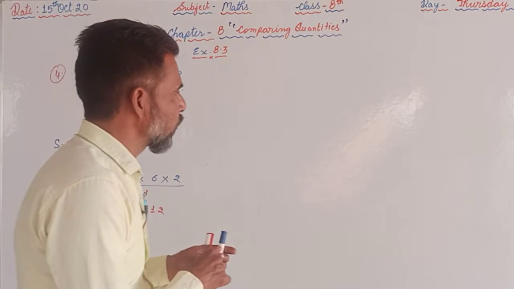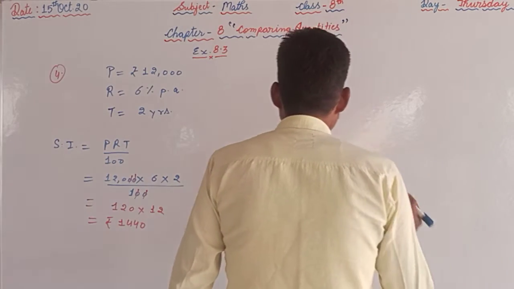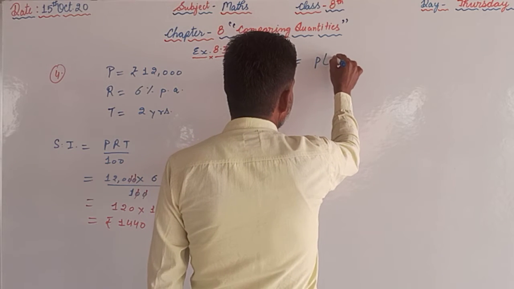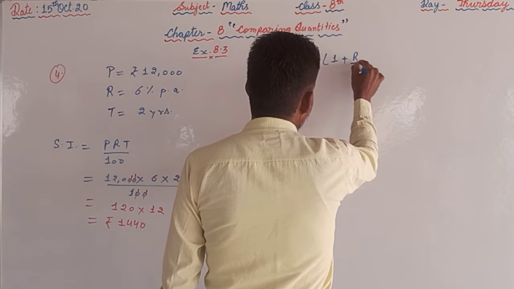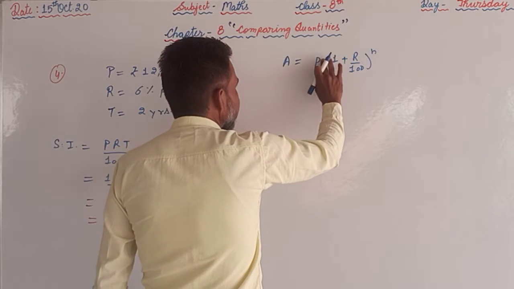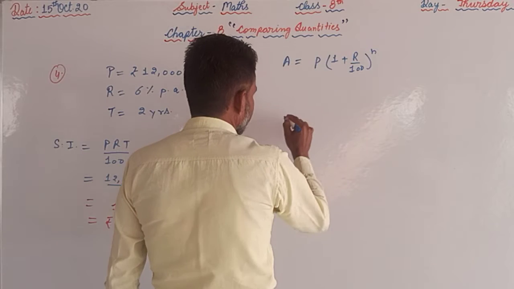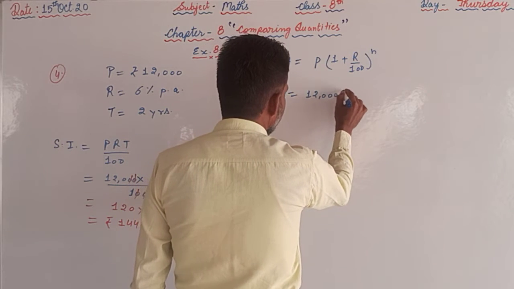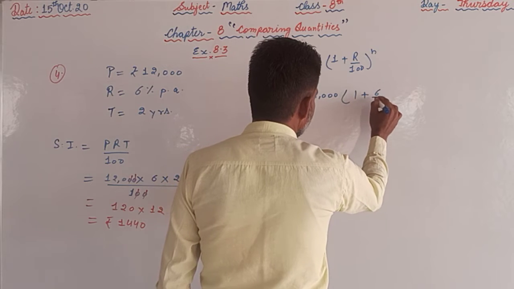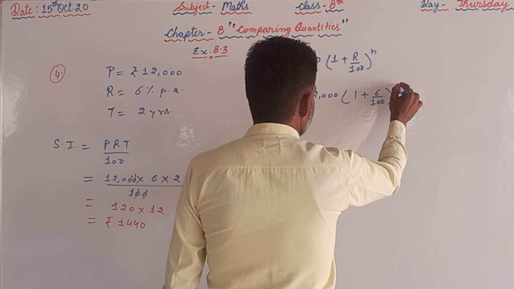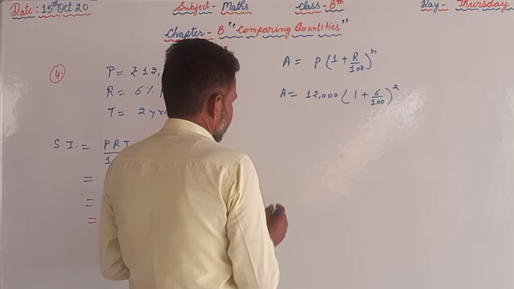If we are supposed to find the compound interest, first of all we are supposed to find the amount. Amount is equal to P into 1 plus R upon 100 raised to power n, where n is the time. So amount will be equal to 12,000 into 1 plus 6 upon 100 raised to power n, which means 2.